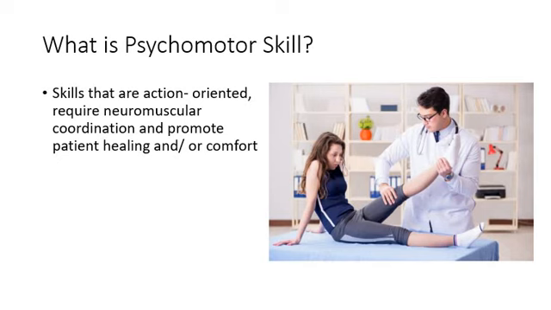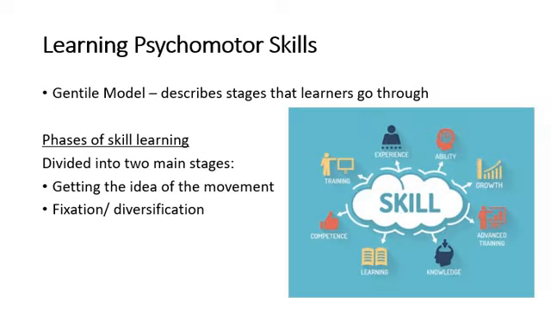The literature describes several models of how people learn to perform psychomotor skills. And we have here one model described by Gentile in 1972, which is still a classic in this field. This model describes stages that learners go through.